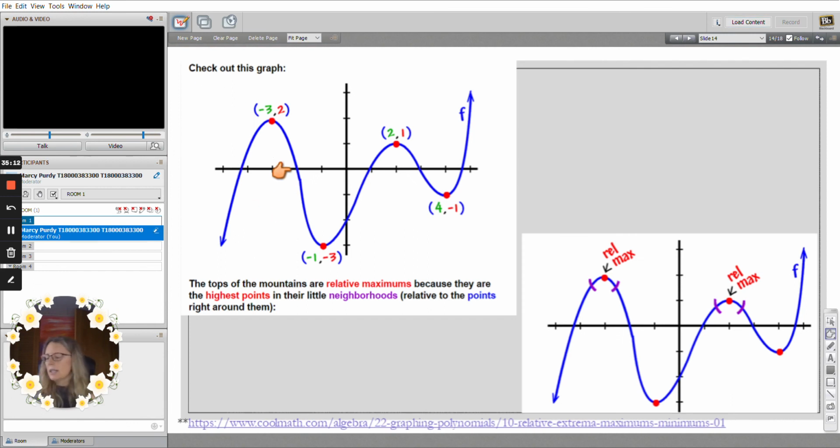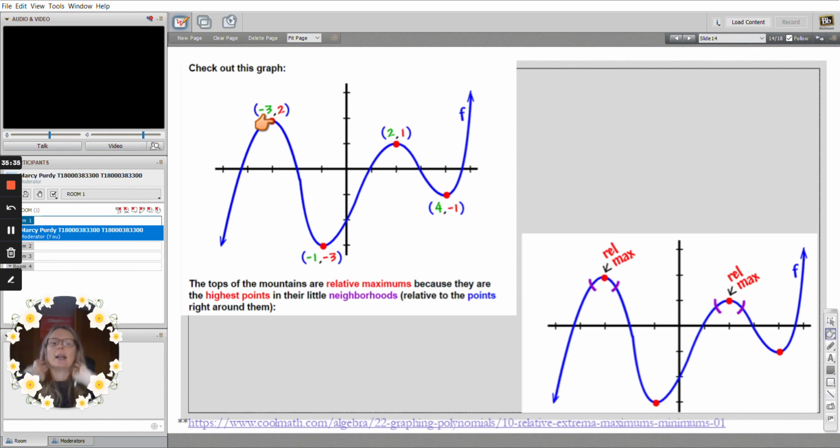So let's take a look. Just explaining relative max and min a little bit. The tops of the mountains are called the relative maximums. So this is a relative maximum and this is a relative maximum. Even though this one is smaller than this one, they're still both considered relative maximums because they are the highest points in their little neighborhoods.